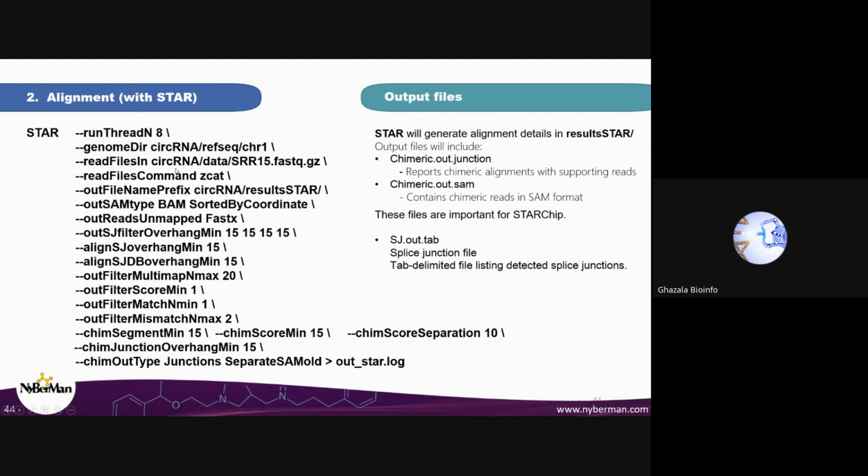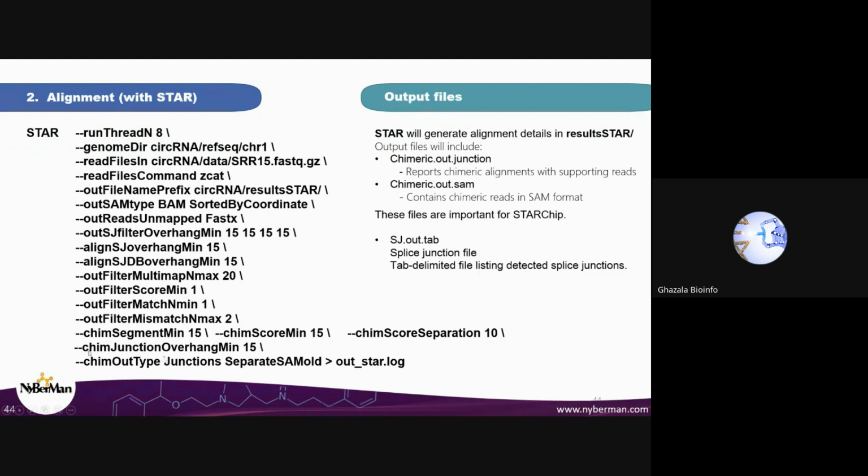Here we have different parameters, and all of these are not default parameters. We need to see what parameters we are keeping here, so that we can run STAR in such a way that it identifies the junctions, or the splice junctions, that are there within our data, within our sample.